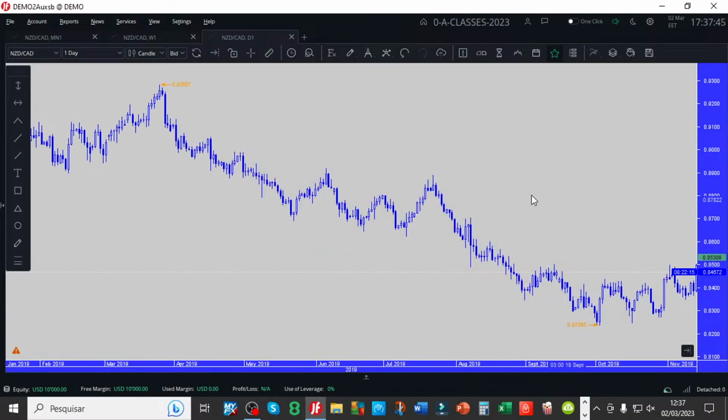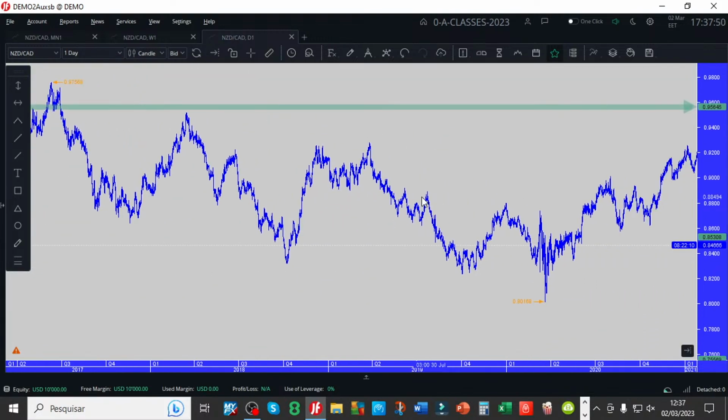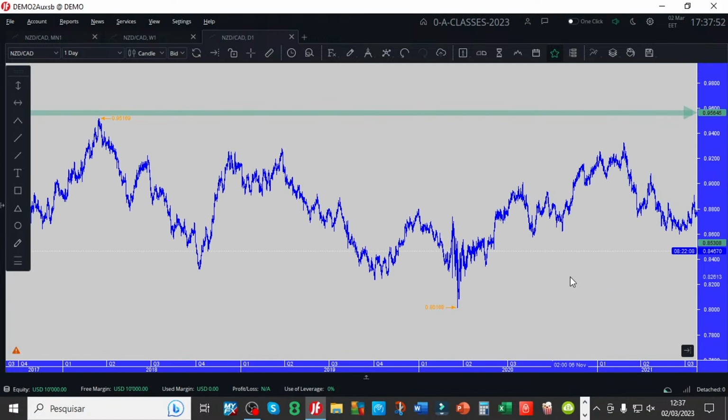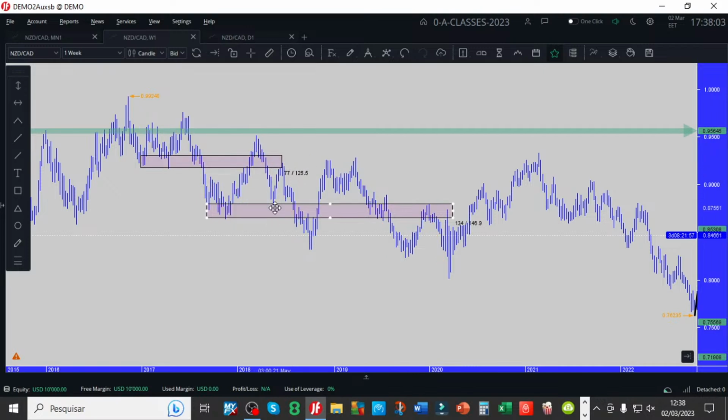Okay. So this is the live chart, and give me a second, everybody. Daily, not the best example. Extension, retracement, extension, retracement, extension, retracement.